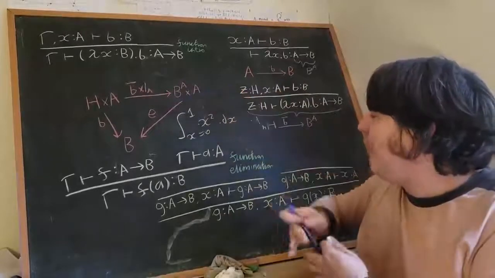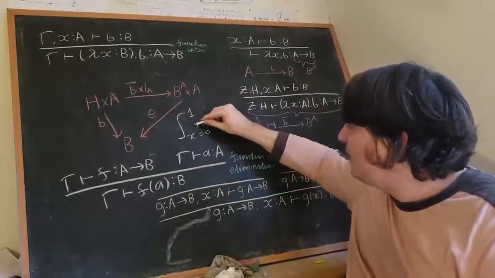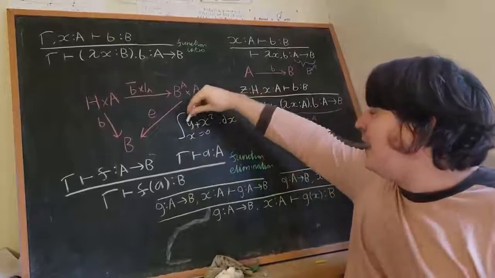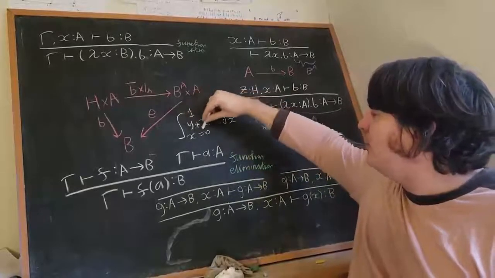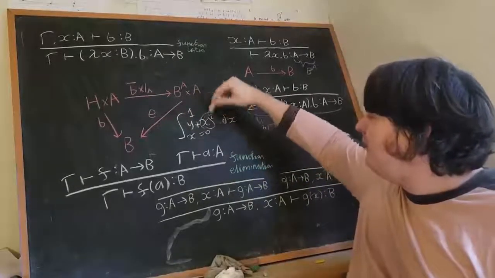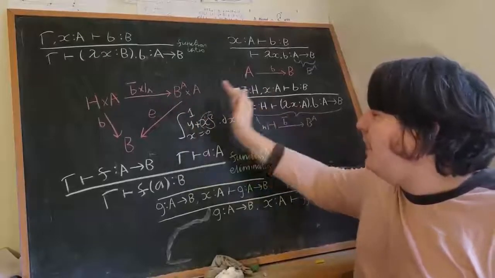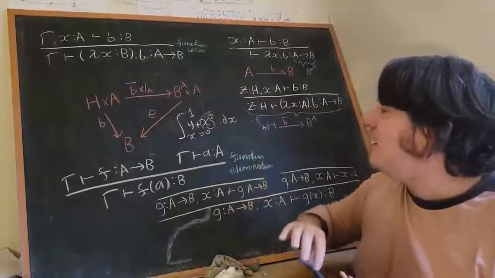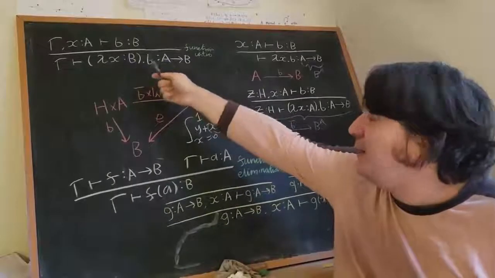So if we have a y in here, like that, we could choose the value of that y, and that's a free variable, but this x here is actually bound inside this integration. And in a similar way, this x here is bound.